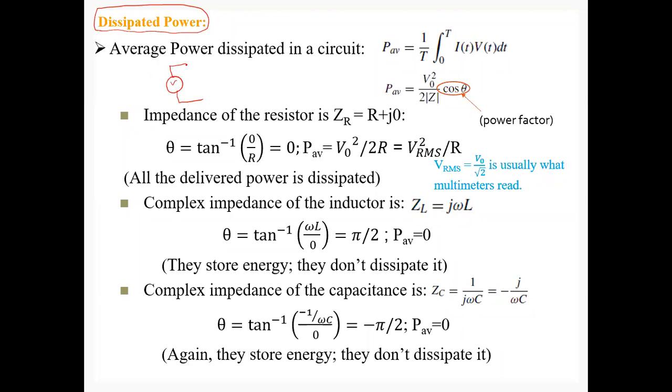What are the 3 components you can have? You can have a resistor, you can have an inductor, and you can have a capacitor. That's the 3 things you can have. This is resistor, this is inductor, this is capacitor, right? So what is the power lost in the circuit? Okay, let's figure that out.